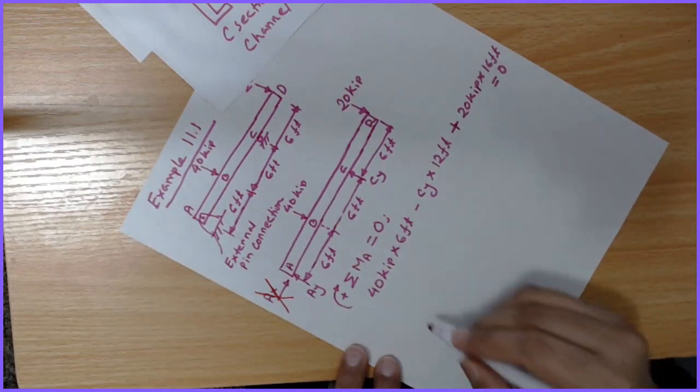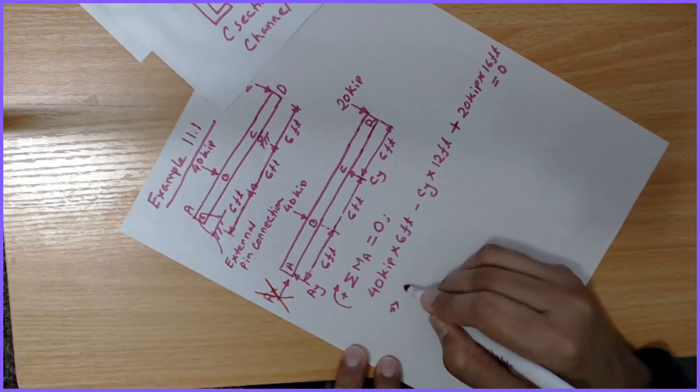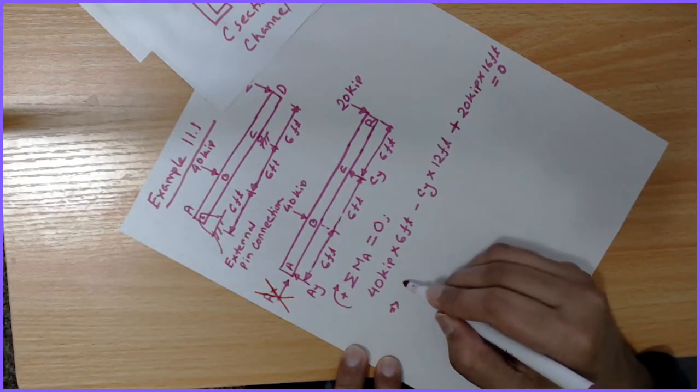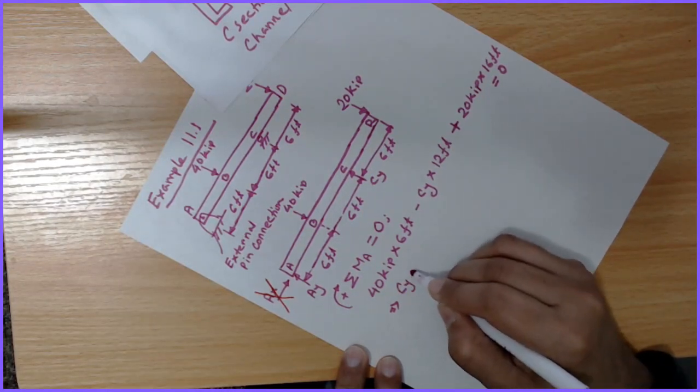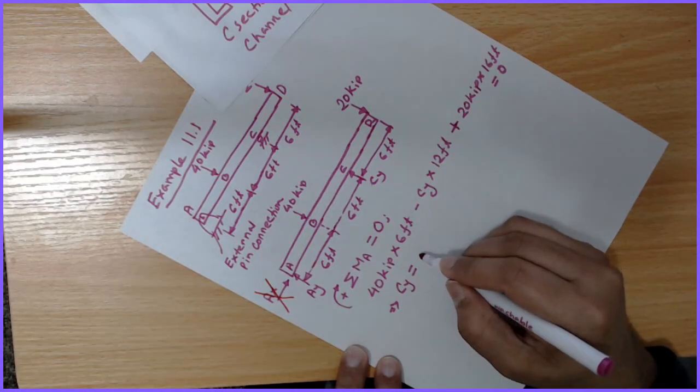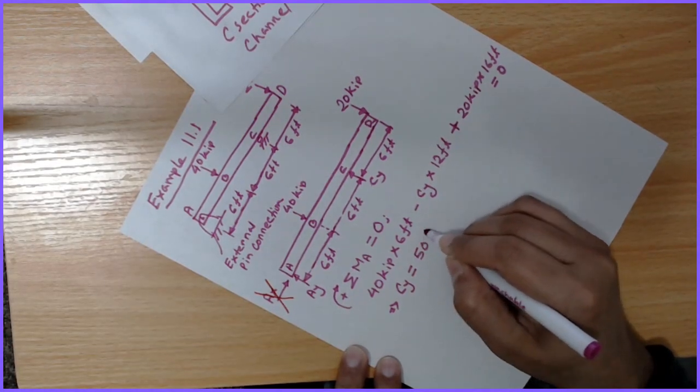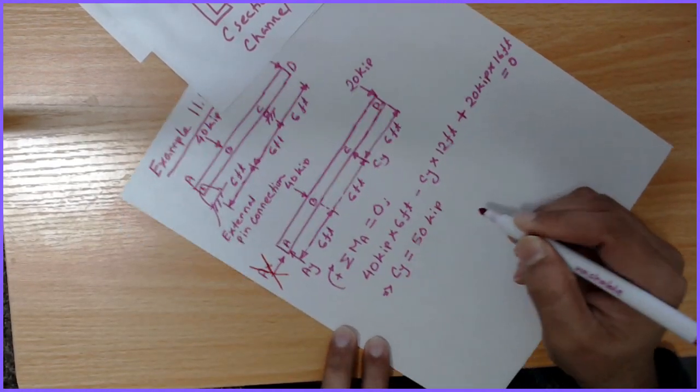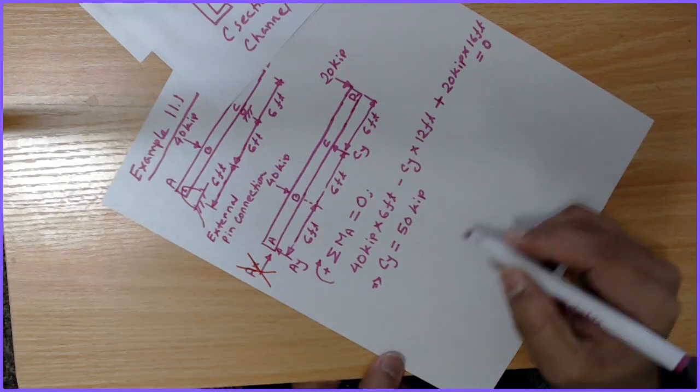Okay, so if I do my calculation correctly, CY is 50 kips.